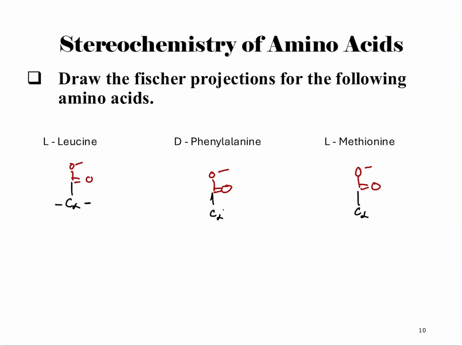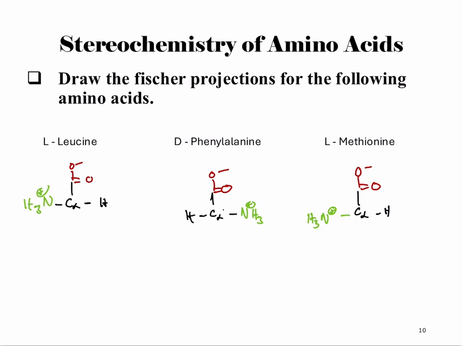So for the two L's, we're going to have the hydrogen on the right because the amino group is on the left. We have H3N plus. We'll just assume that it's a neutral pH. H3N plus. The D-phenylalanine, that's going to be on the right-hand side.